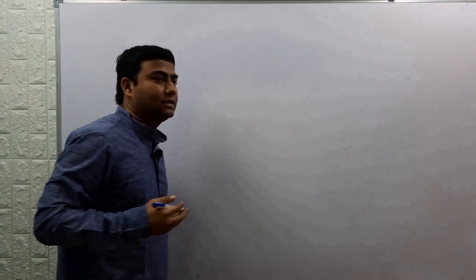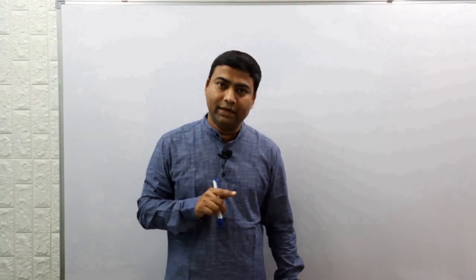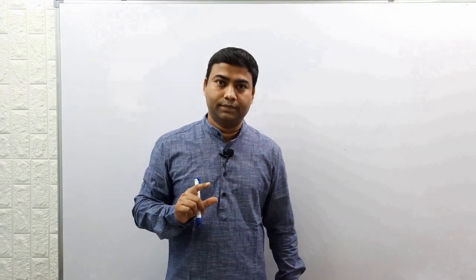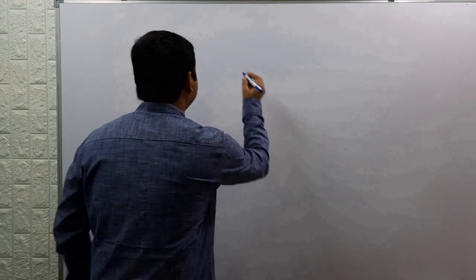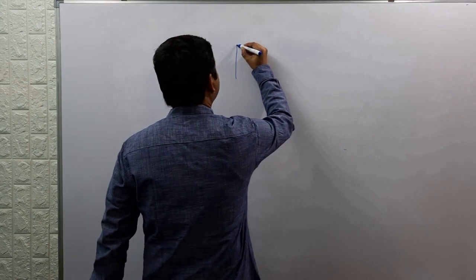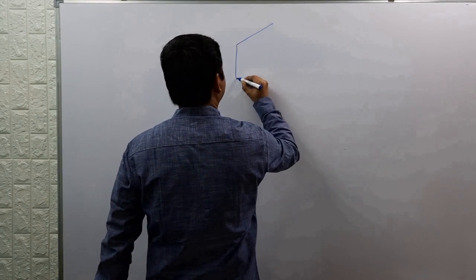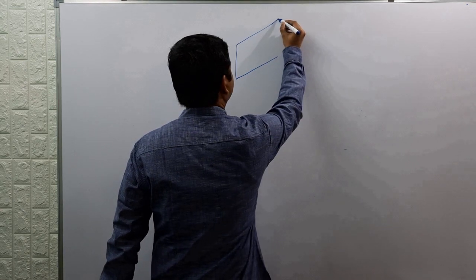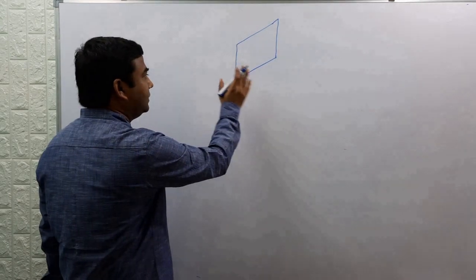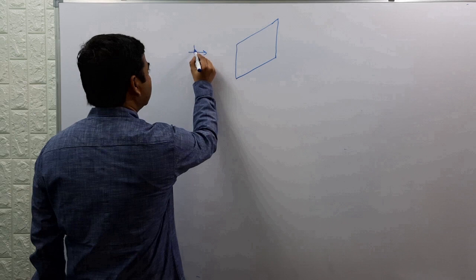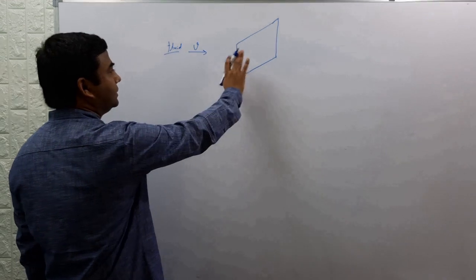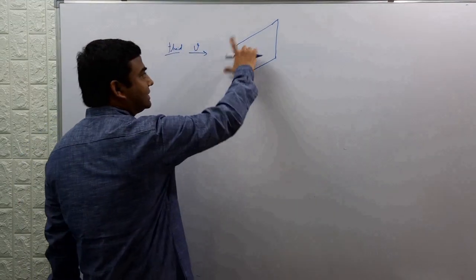First of all, let us take the example of a simple rectangular area which is perpendicular to flowing fluid. So let us draw a rectangle, and let the velocity of fluid be perpendicular to this rectangle.